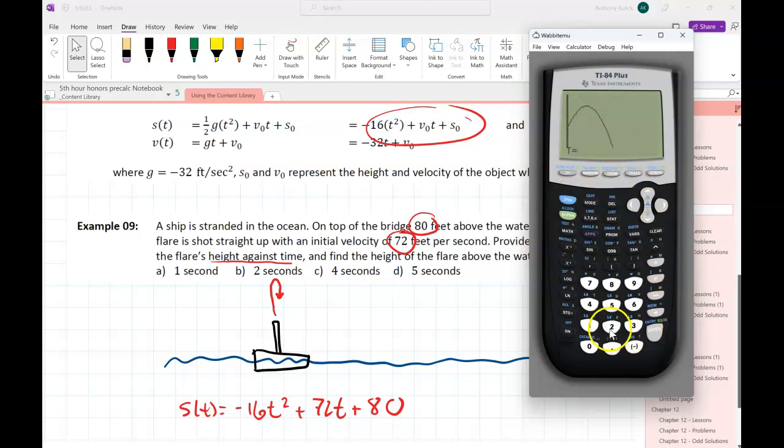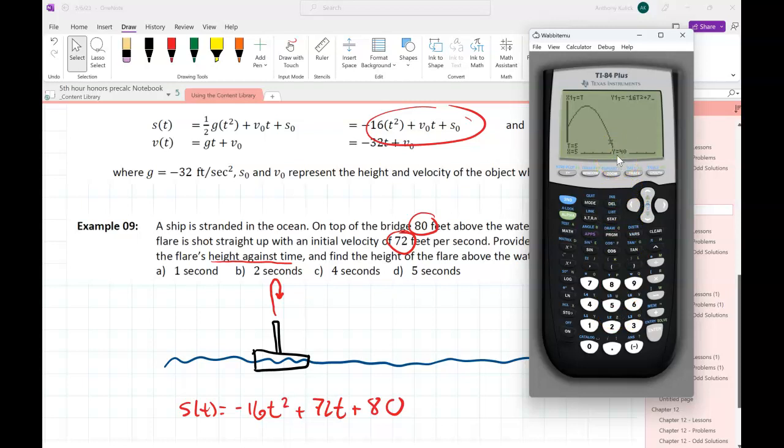If I want the height at 2 seconds, just pick 2 and enter. That's 160. Second trace, value at 4 seconds, that'll be 112. And then second trace, value at 5 seconds, and that's 40.